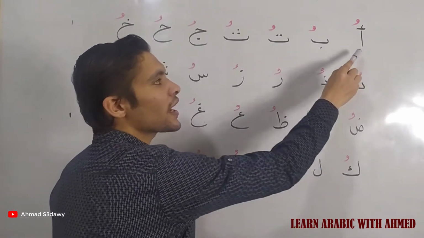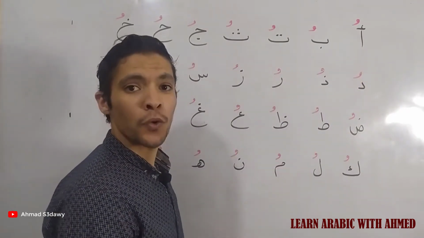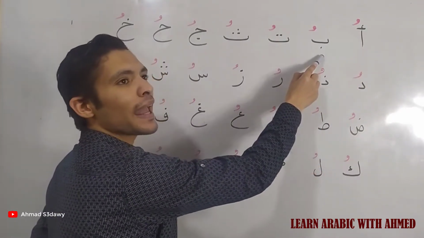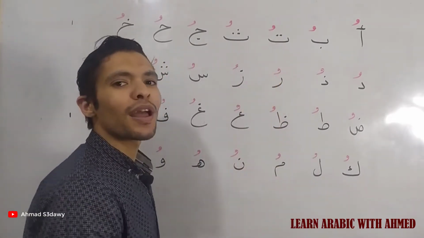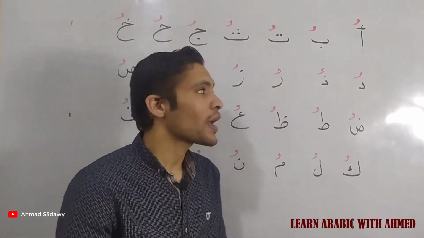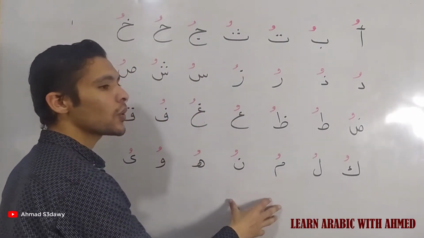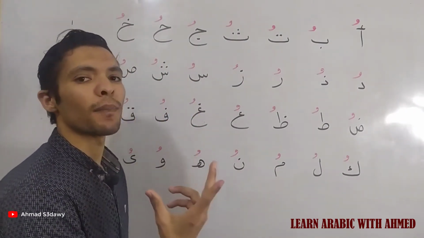So instead of saying a, you say oo. Instead of saying ba, you say bu, ta, tu, and so on. Now we have to learn how to pronounce all these letters using the Damma.